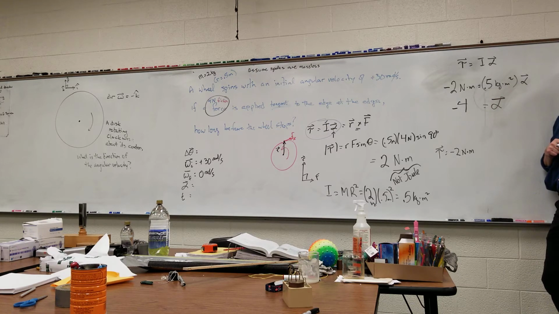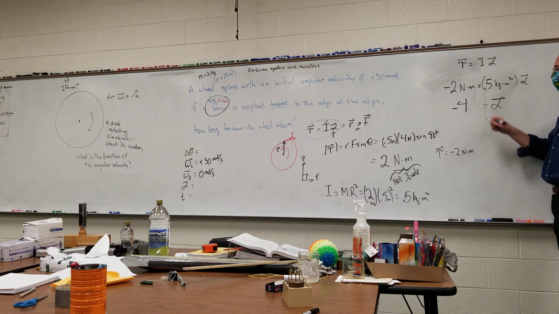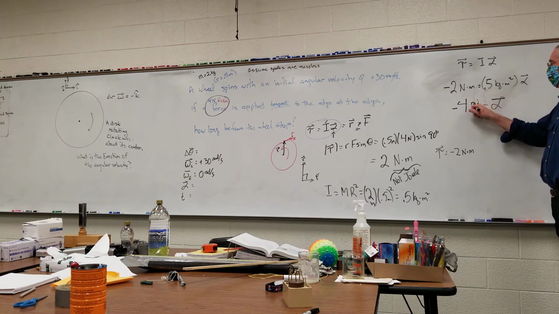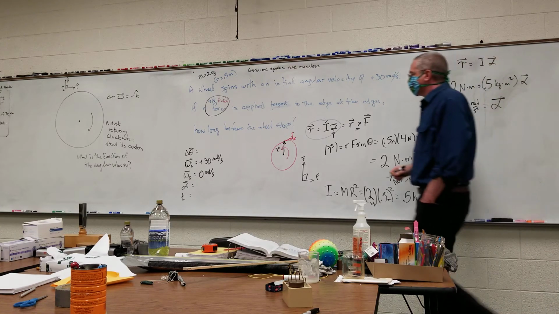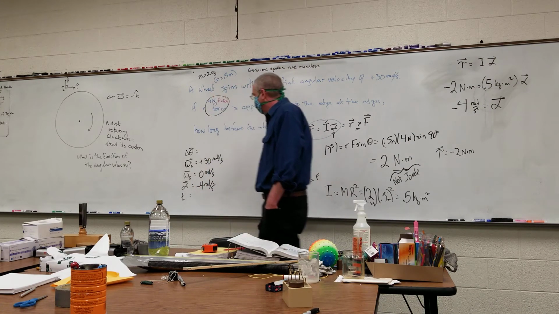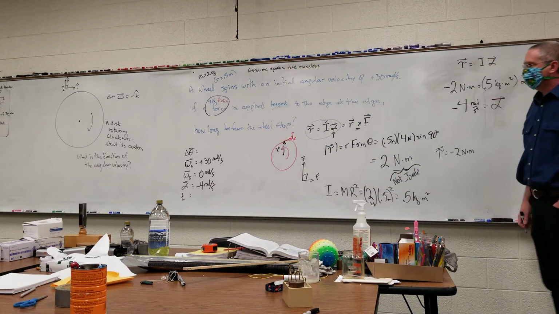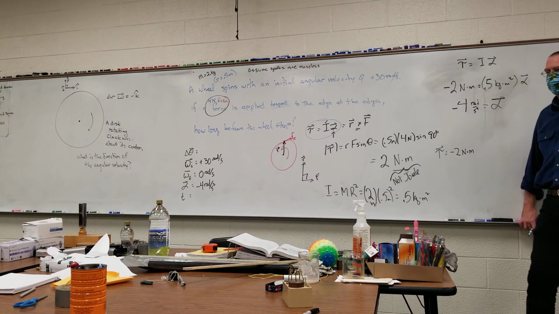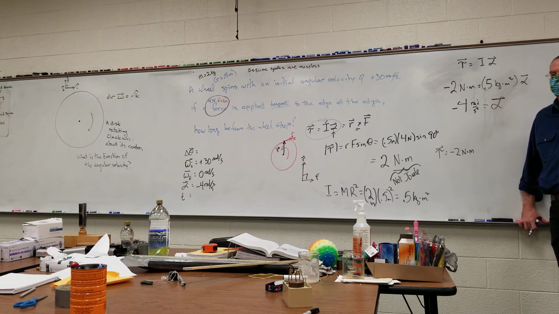Would it just be radians per second squared? It would be. And now we need to find time. So what formula do we use in order to find time?